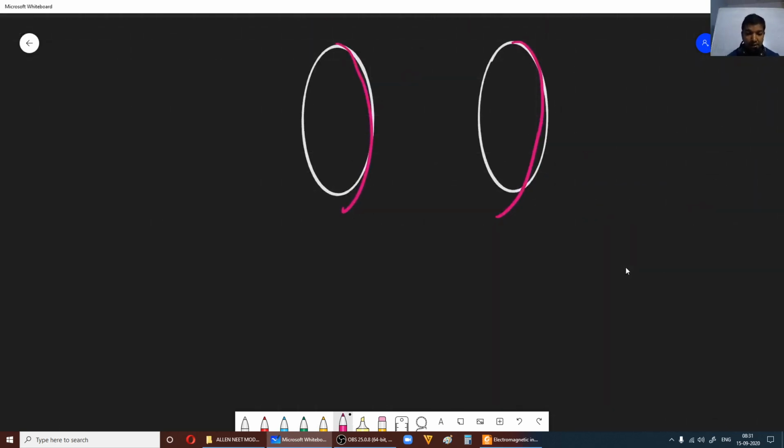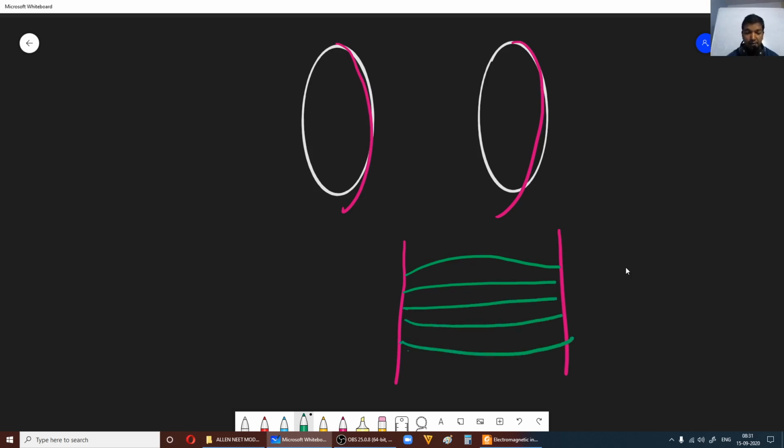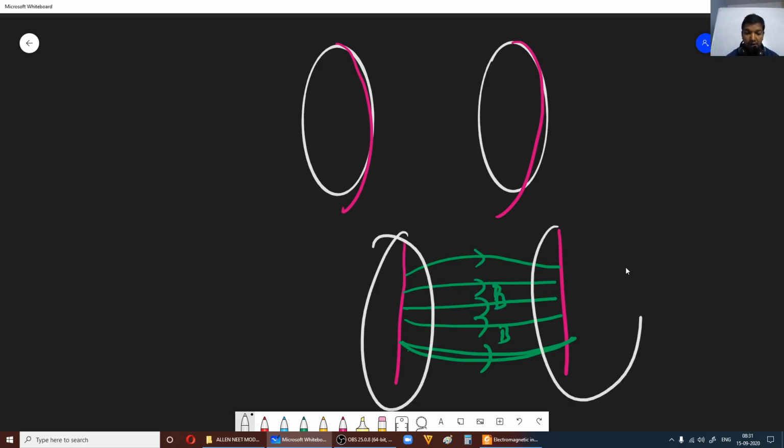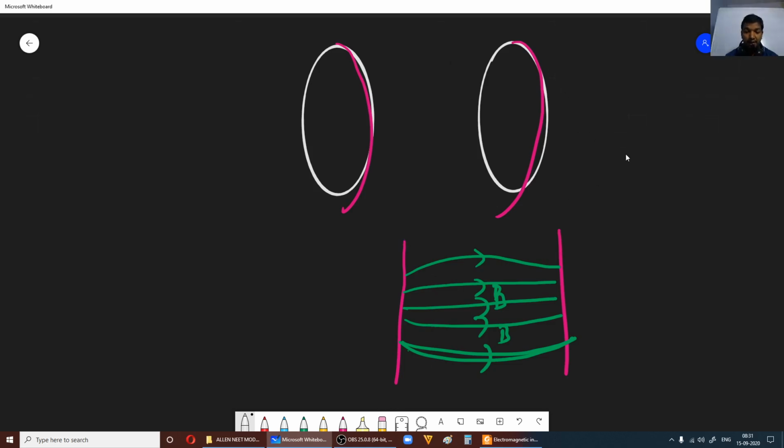So the edge looks to me like this, correct. Now the magnetic field lines will start becoming more uniform if you bring them closer and closer. So they will start getting more and more uniform. So these are the magnetic field lines. Okay, so these are actually the coils, whatever I have drawn here. Fine, right. So as I showed you here, the edge looks like that.